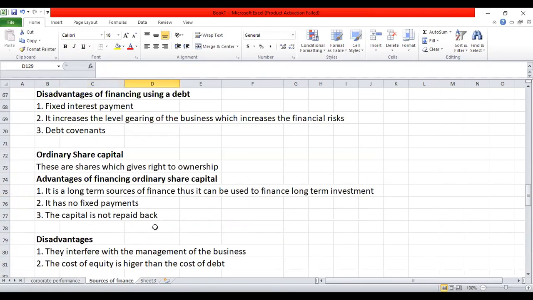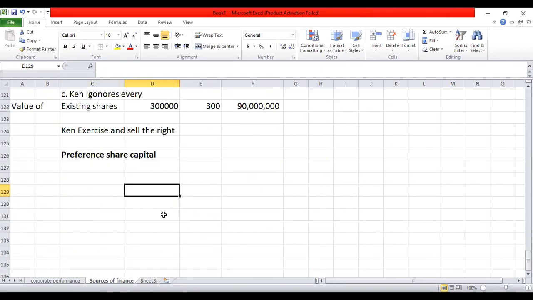This was ordinary share capital. We are looking at longer term sources of finance.